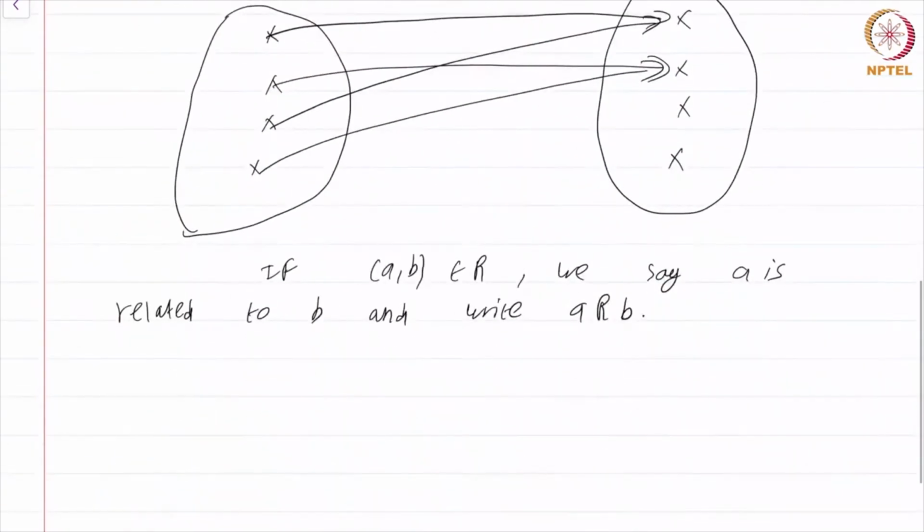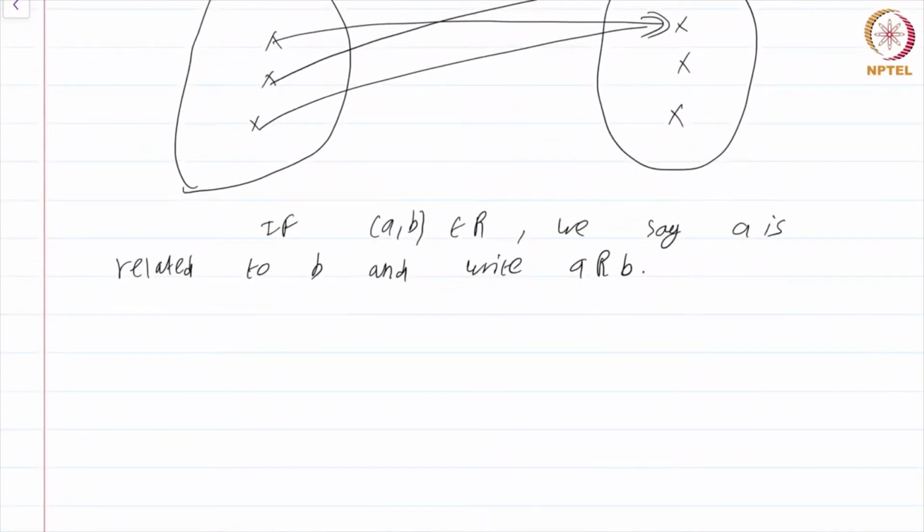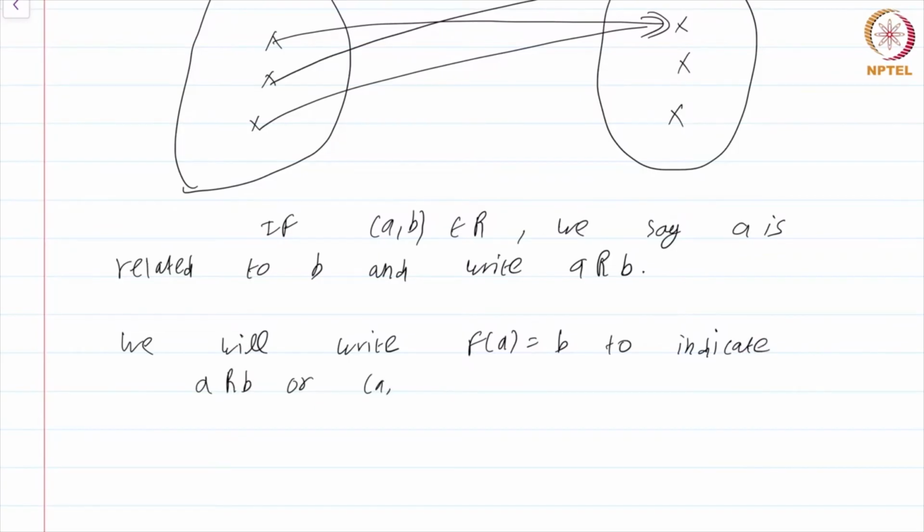So the function is written f from A to B. We will adopt a different notation for functions. We will write f of a equal to b to indicate that (a, b) is an element of R when R is a function.